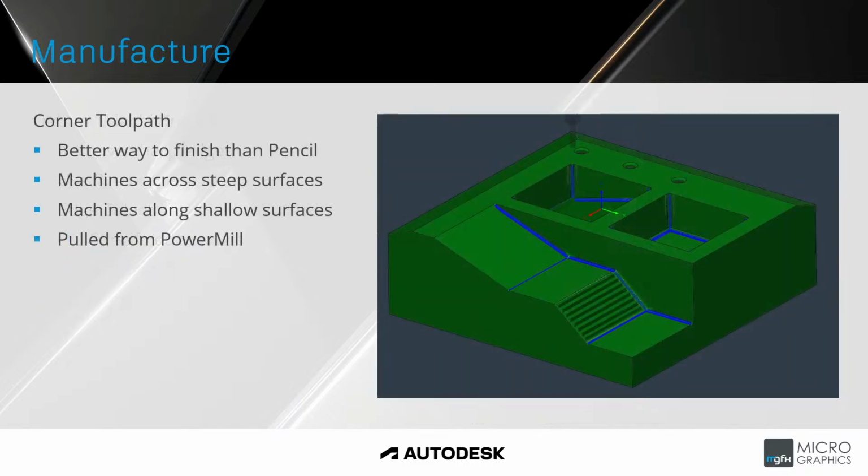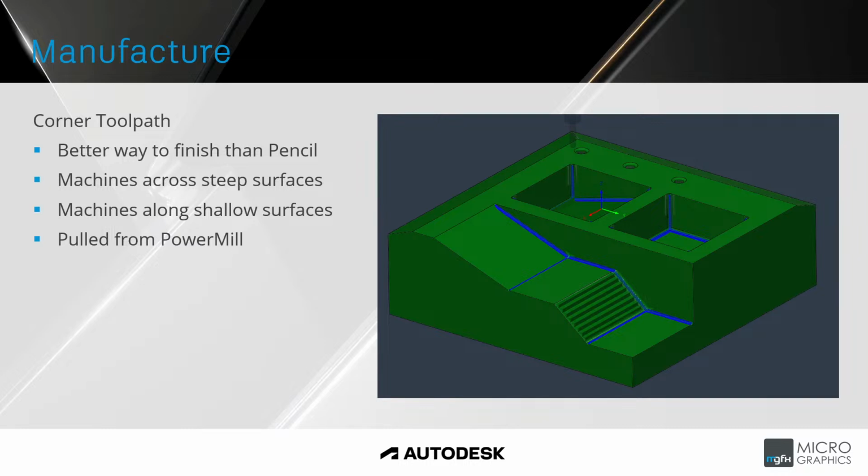We'll move on to the corner toolpath. This is an improvement over the pencil toolpath. Where pencil would machine corners within corners to remove excess material, and you can work down progressively smaller ball nose end mills, the pencil toolpath would typically machine along the corners.